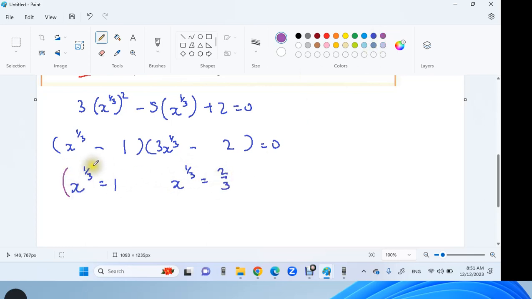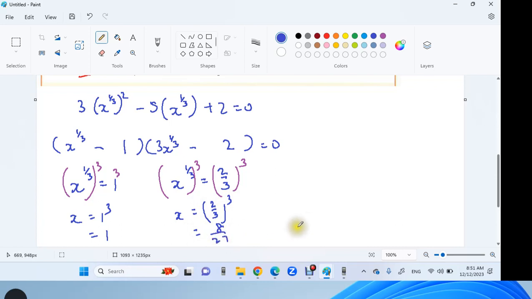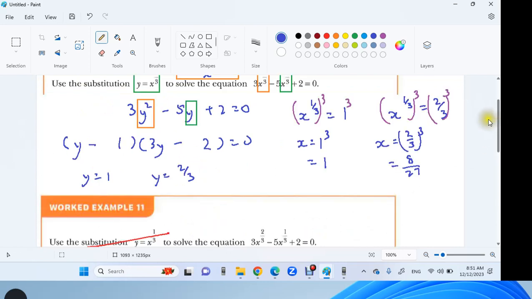Then you cube both sides. Then x equals 1 cubed, that is 1, and x equals 2 over 3 cubed, that is 8 over 27. So x equals 1 and 8 over 27.